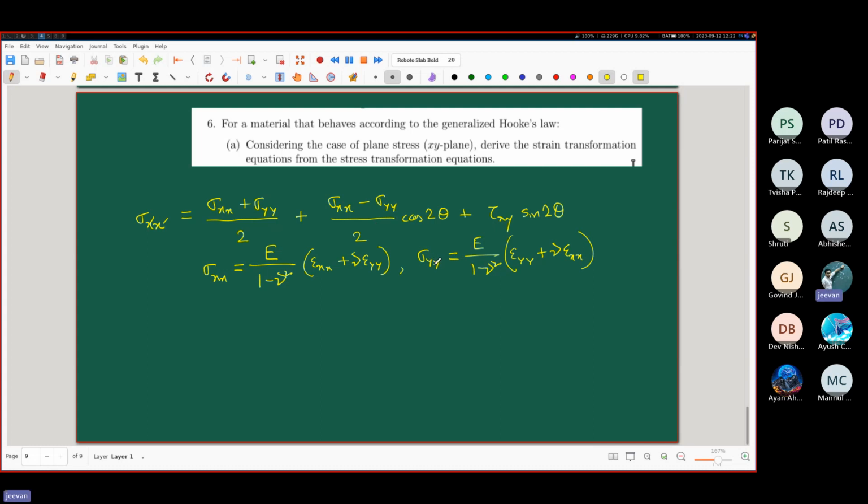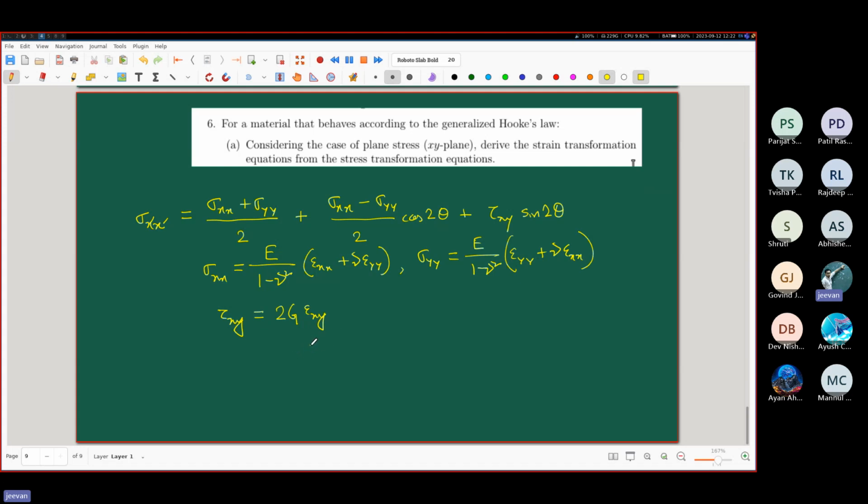For the plane stress case, we did not find anything special with regards to the shear stresses. So tau xy, in the case of the generalized Hooke's law, is twice G epsilon xy. In this case also, you keep it like this.